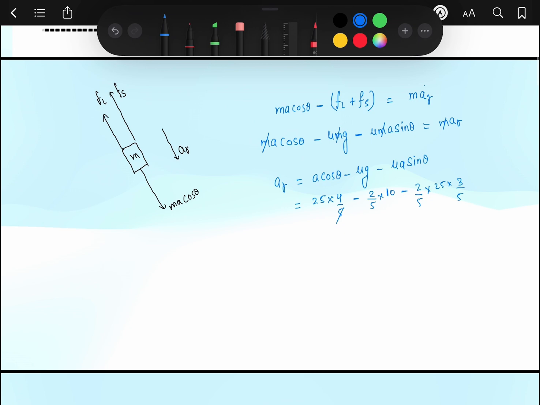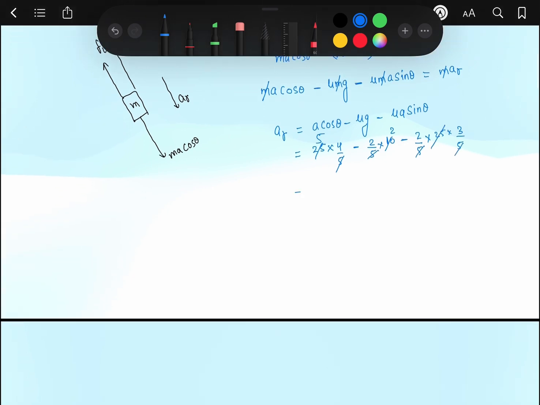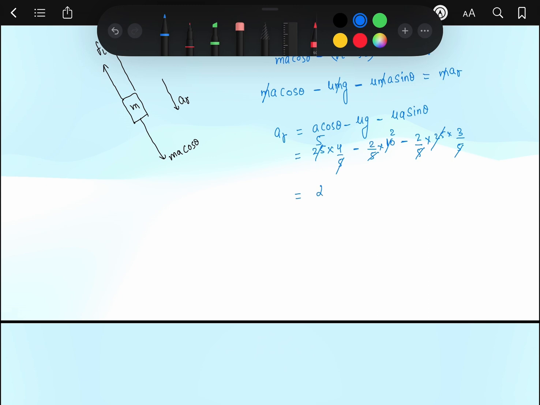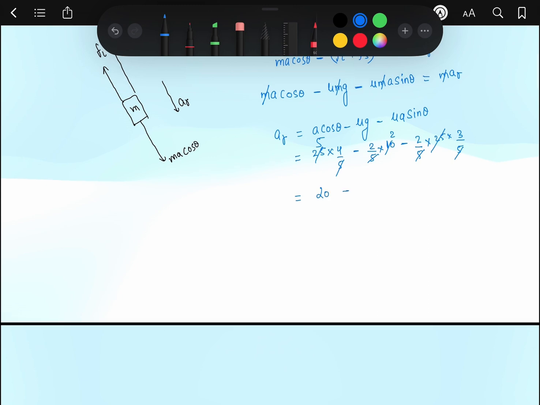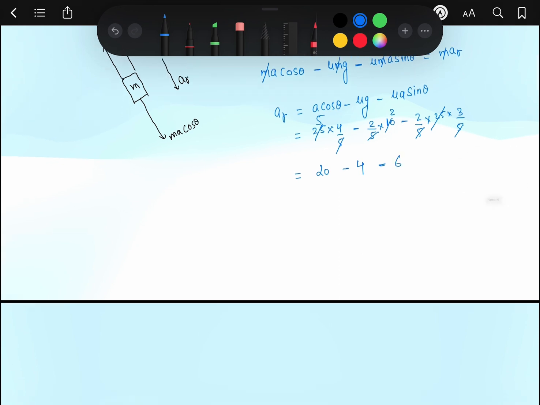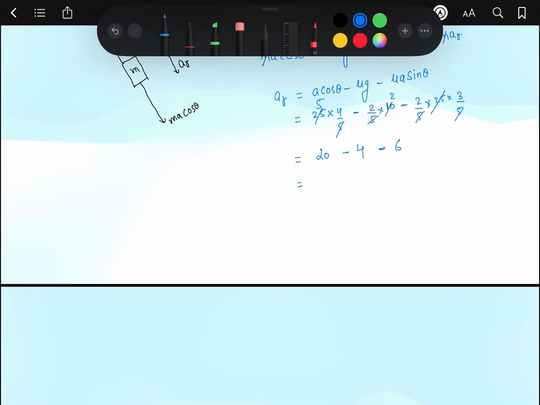Let me cancel the terms. We get 5 multiplied by 4 is 20, minus 2 into 2 is 4, minus 3 into 2 is 6. That means 20 minus 10.